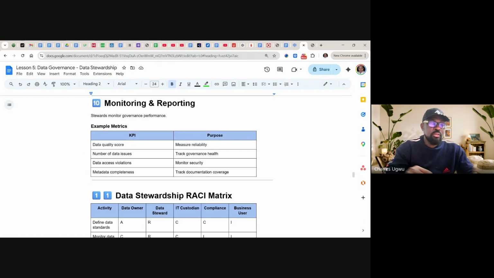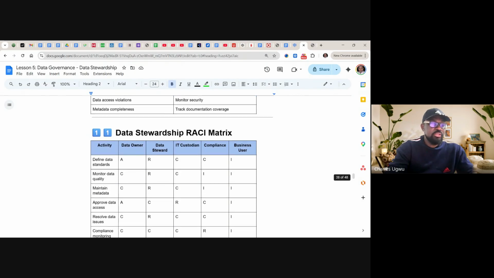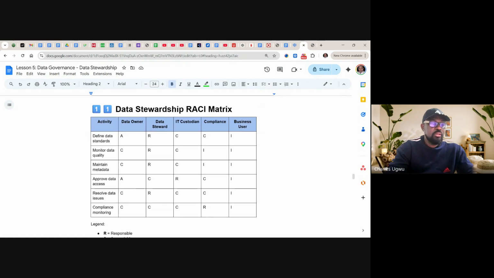And then I told you that at the end of the day, you must create a RACI matrix. The RACI matrix would look like this. So you create all the activities and the roles.